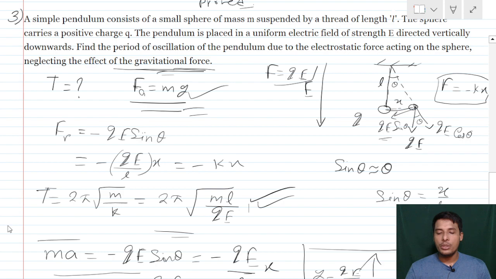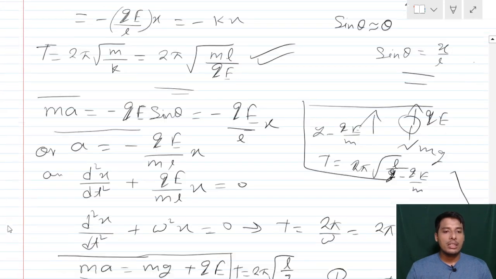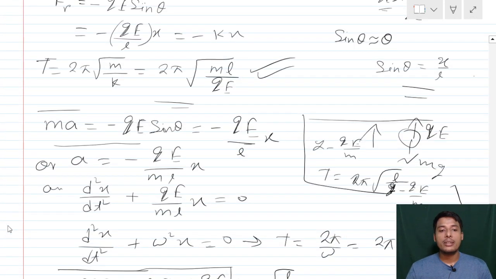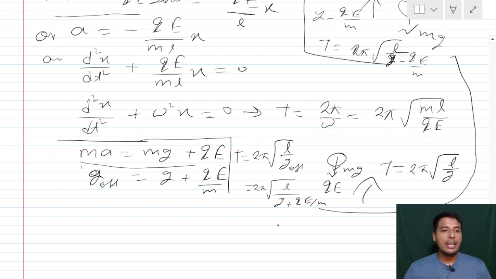Then we calculated it when we do not neglect the weight of the body, that is mg. Then we can easily calculate ma equal to mg plus qe, when the electric field is in the downward direction, as given in the question.